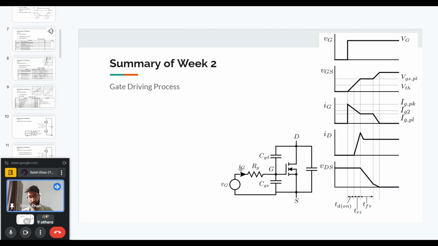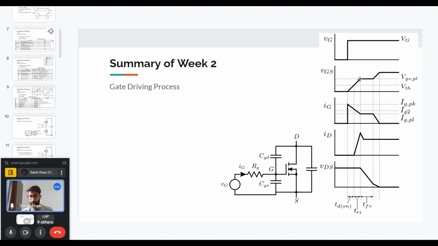That is why the gate current also reduces. Then at some time, it will cross the threshold voltage, and the MOSFET will start conducting current. And it reaches the Miller plateau voltage, VGSPL, as shown here.